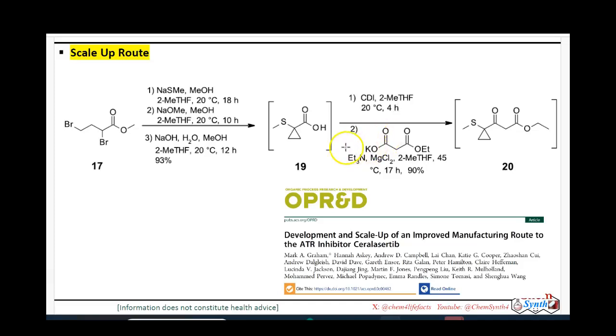Then they introduced the potassium salt of this active methylene compound, and it reacted with this imidazolide, followed by decarboxylation under mild condition in the presence of triethylamine and magnesium chloride, which helped the formation of this beta keto ester intermediate 20.